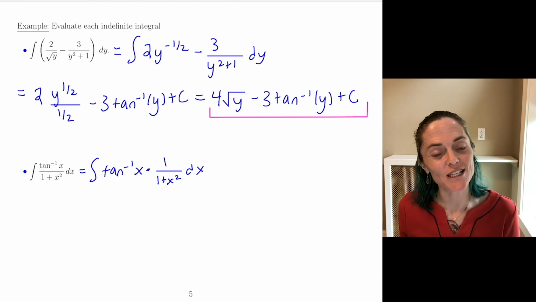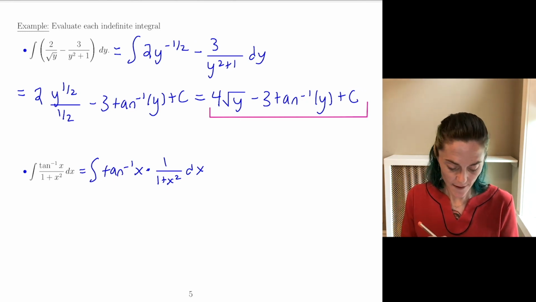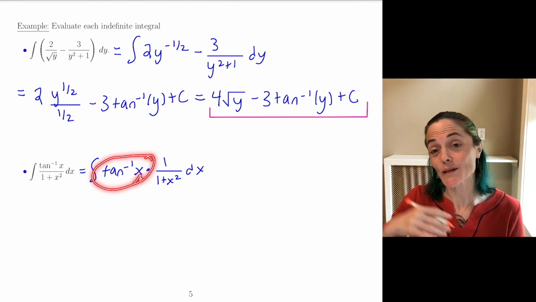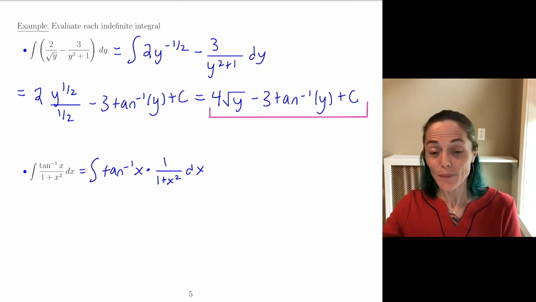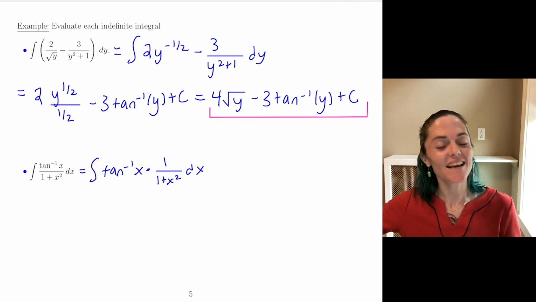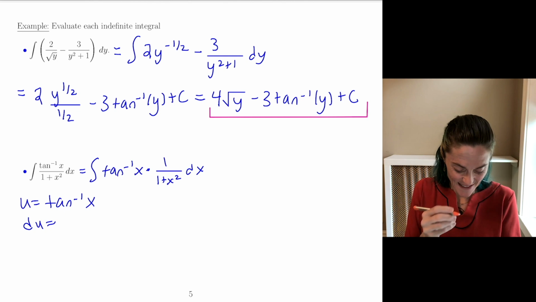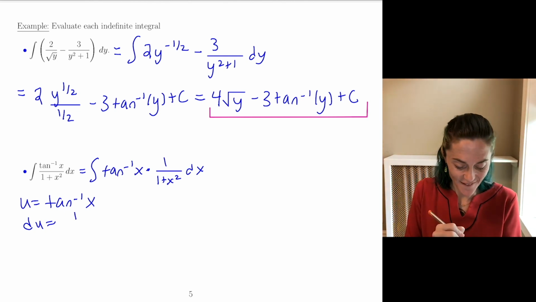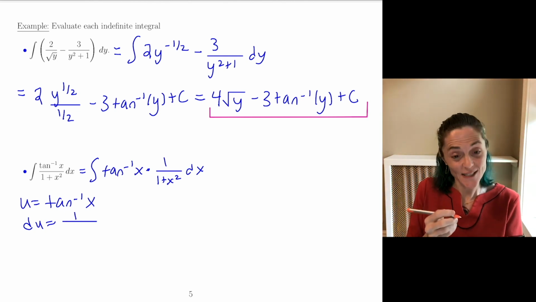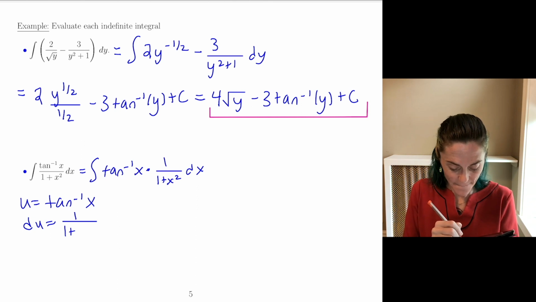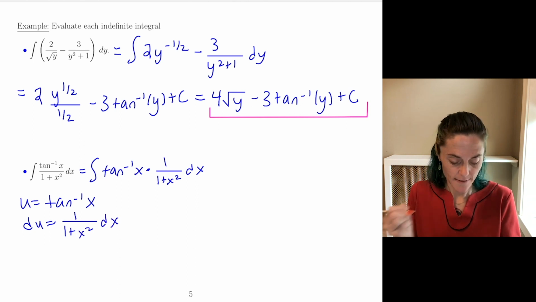This will be substitution because we don't necessarily see it on the inside, but we do have the tan inverse and we have its derivative in our integrand. So u is the tan inverse of x. Du, we take the derivative. 1 over 1 plus x squared dx.